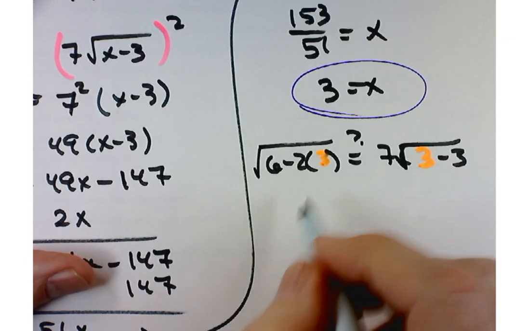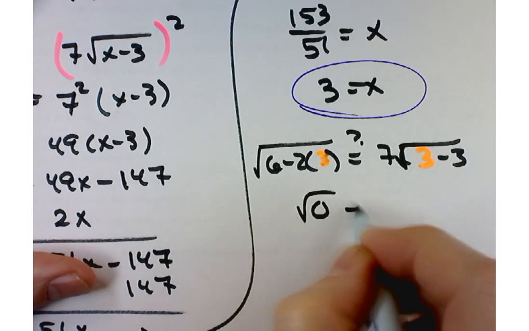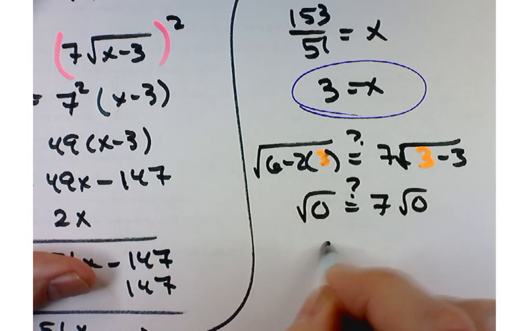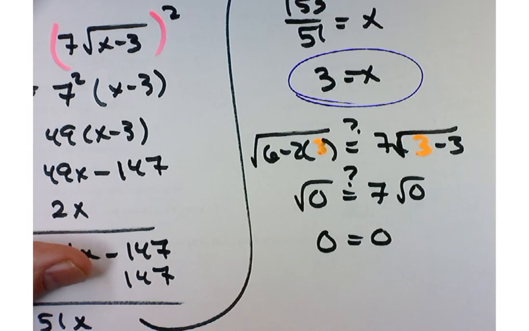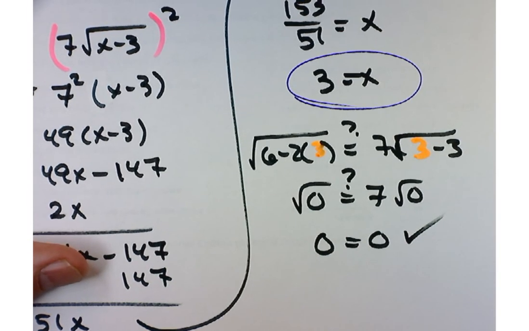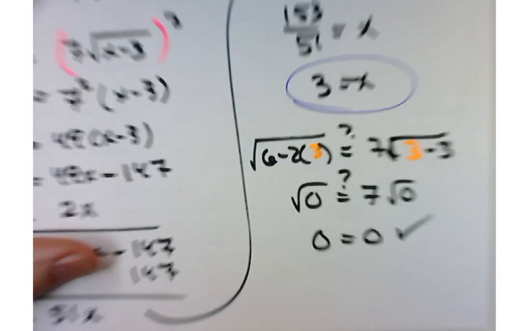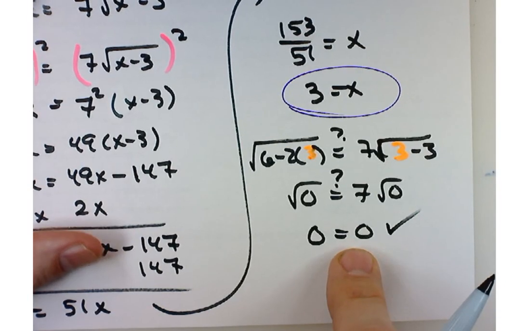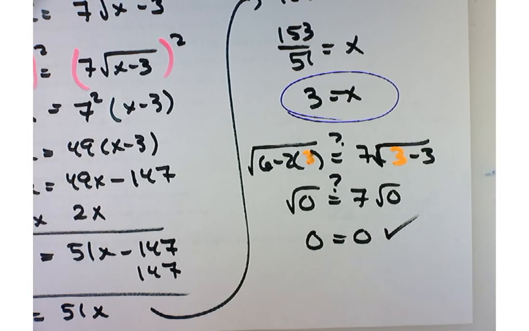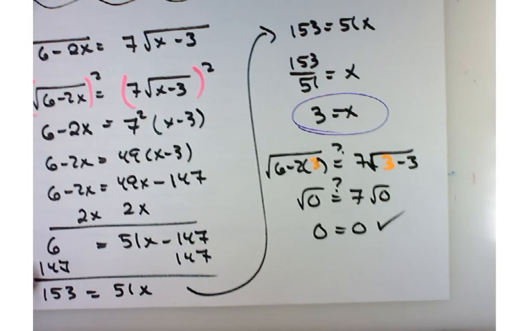So let's see, I end up with the square root of 0 equals 7 times the square root of 0, or 0 equals 0. Is that true? Yeah. Feels kind of basic, maybe a little unsatisfying, but it's true. It does work, so x equals 3 is our solution. No problem there.